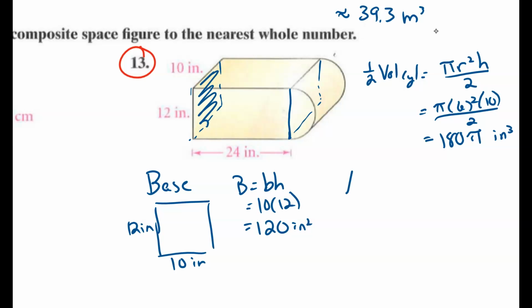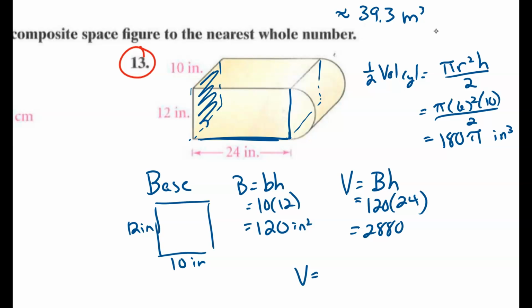But the volume of the rectangular prism is area of the base times the height, so that's 120 times the height. In this case, I'm going to have my height to be 24, so I'm going to punch that into my calculator. 120 times 24, I got 2,880. So the volume of this is going to be 2,880 plus 180 pi cubic inches, but they said to put that to the nearest whole number.